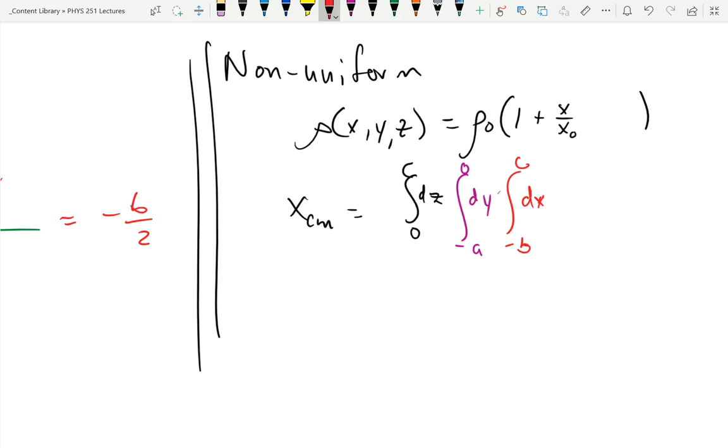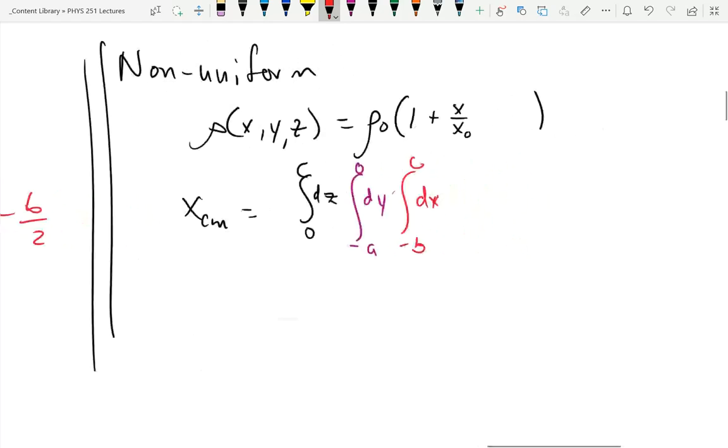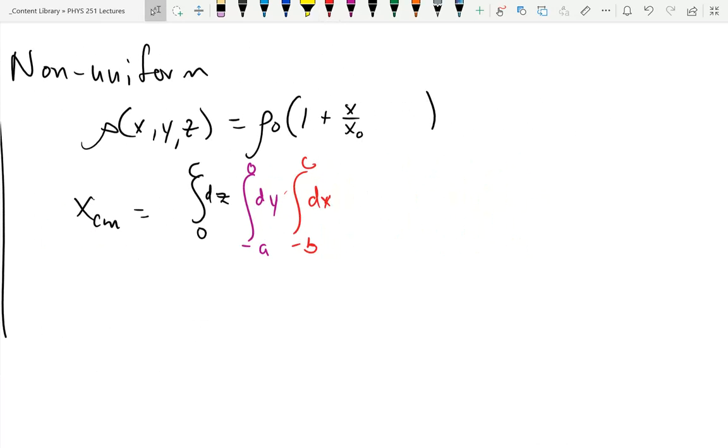Okay, so that's just dv and the integral signs that I've written so far. So now I need to put in my x and rho. And then I have to remember to divide.